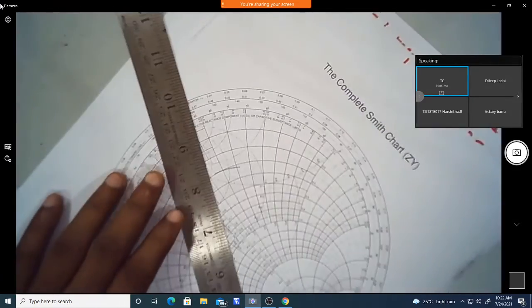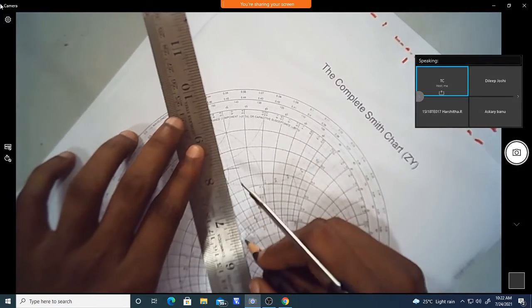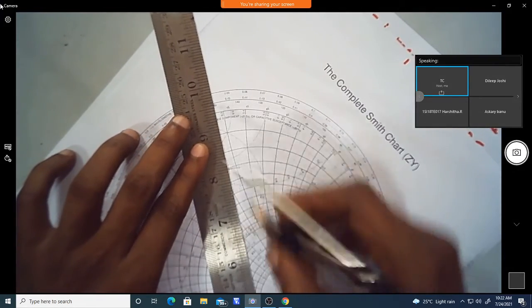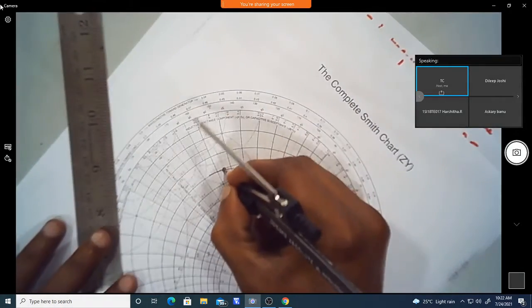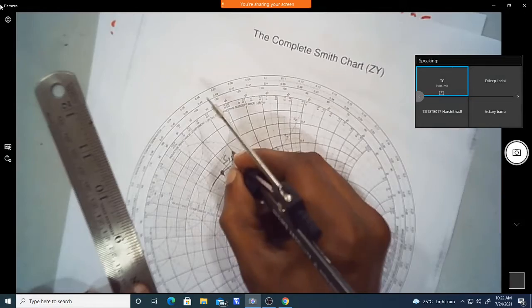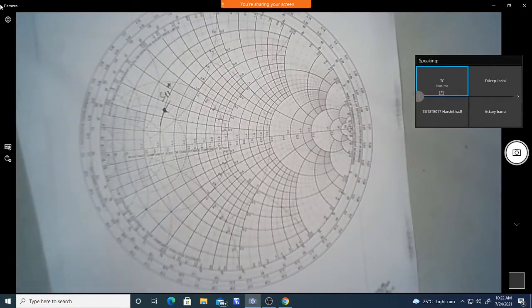So where this radius cuts that 150 degree line, this is the point where we are getting S11 star.